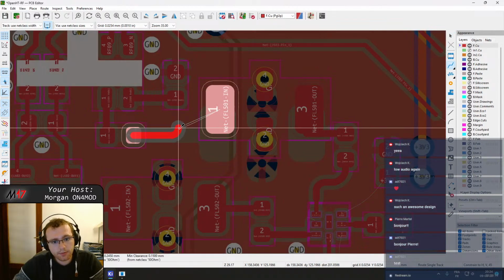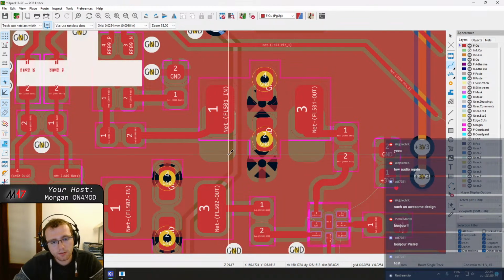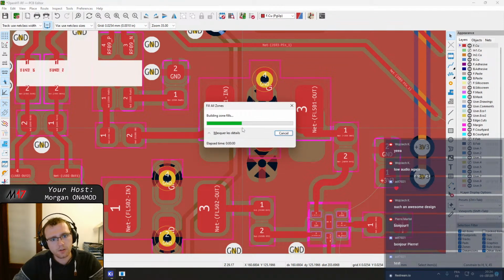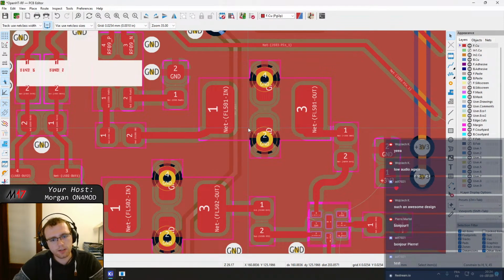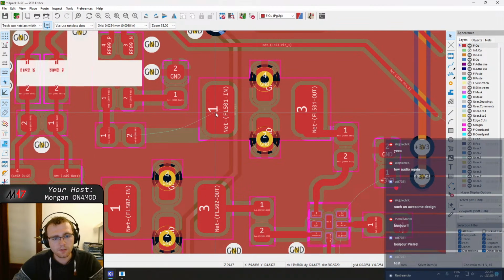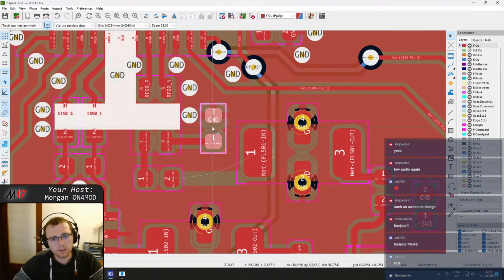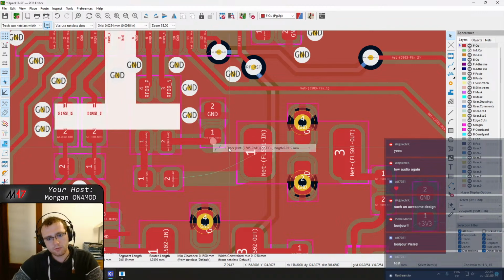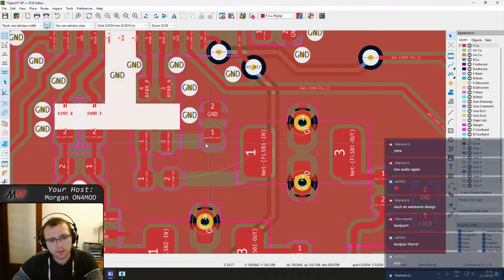Okay, let's see if this... yeah, not the best routing. But because of this capacitor, it's hard to do anything else.